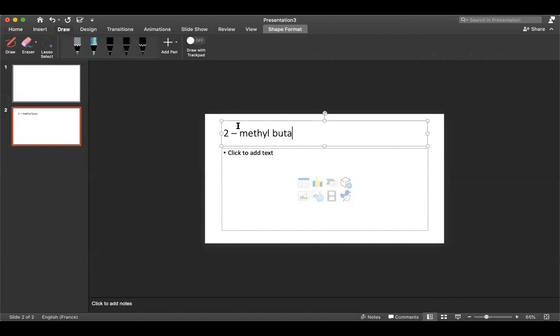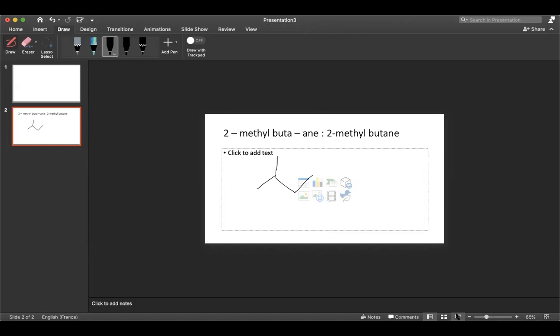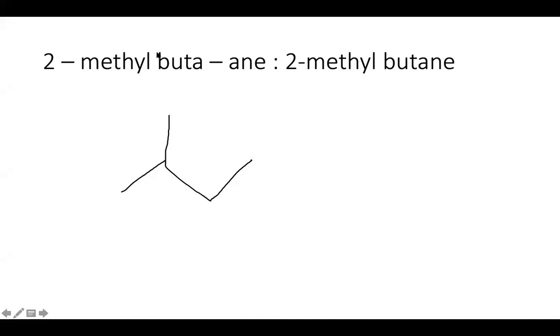So you're saying but, this is for 4, and the suffix is ane, which, if you write it properly, will be 2-methylbutane. This is what we're looking at.